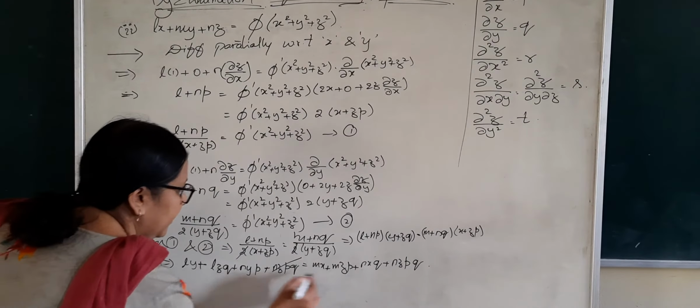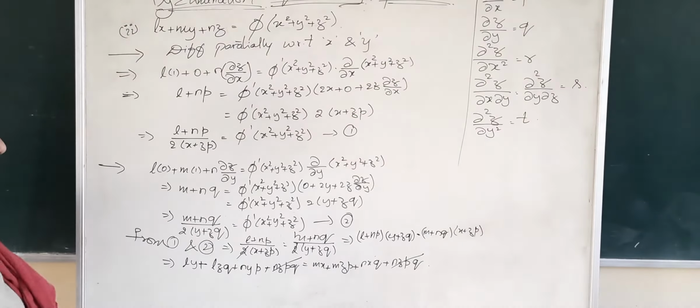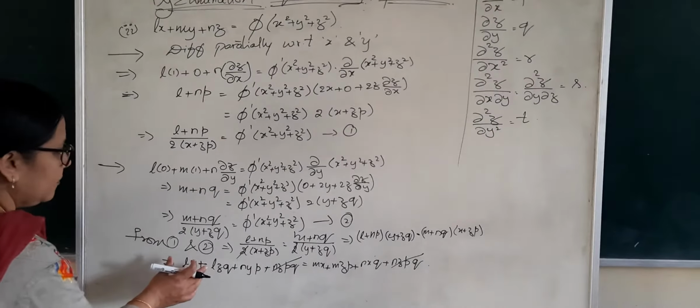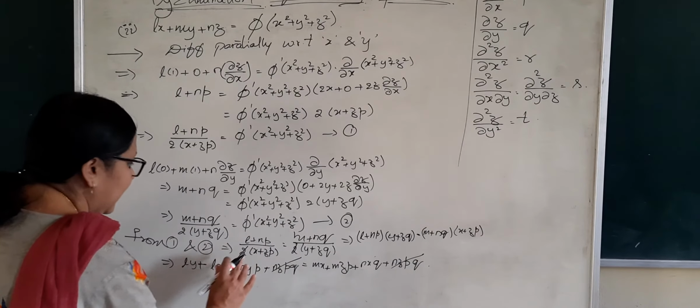You have nzpq on both sides getting cut, and group all the p terms and q terms to one side and the other terms to the other side.